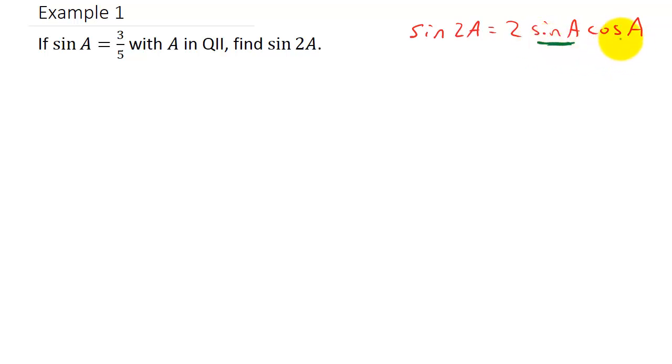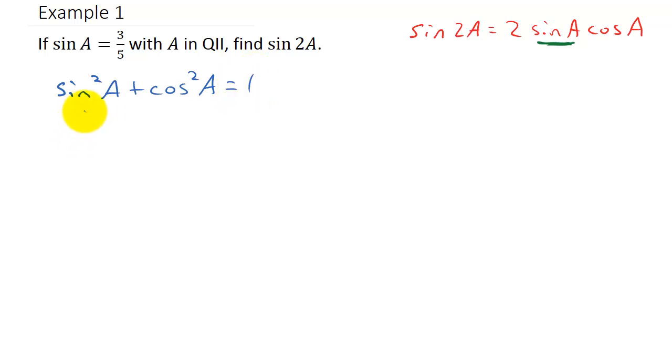So what we have to do is find cosine A, and once we find cosine A, we just plug that number in and we can figure out what sine 2A is. Alright, so first let's find cosine A. There are a couple of ways that you can find cosine A. What I'm going to do is use Pythagorean identities. I'm going to use the fact that sine squared A plus cosine squared A is equal to 1.